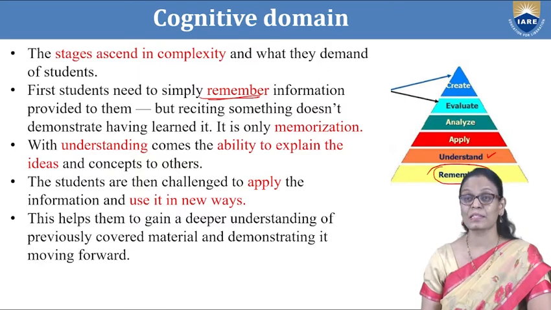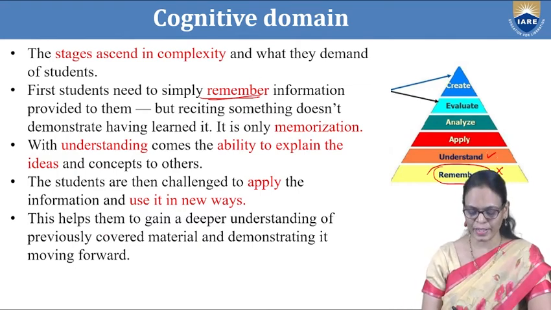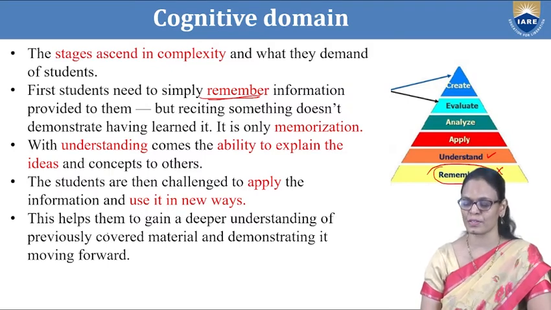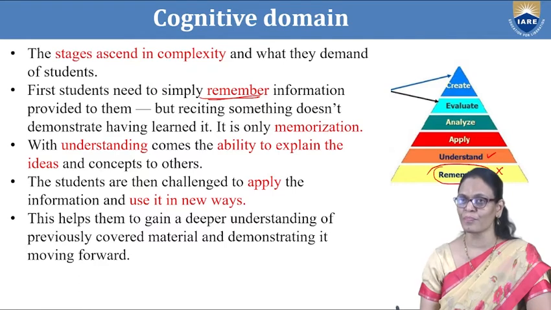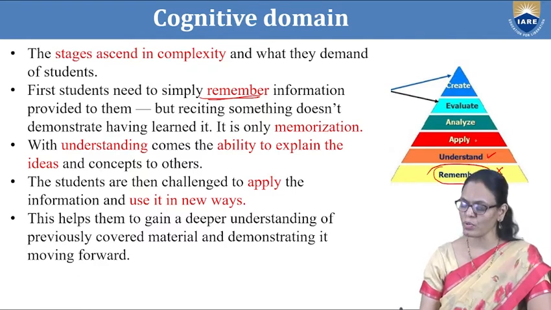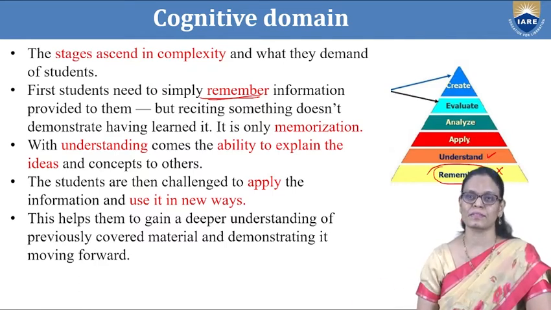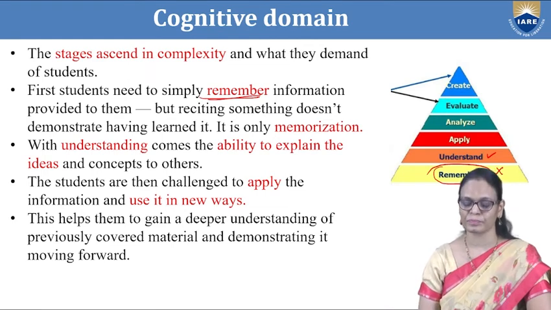So the next step is they have to understand. They cannot simply be at the remember level. They have to understand what the concept says. And then they are challenged to apply the information and use it in new ways. Whatever information they know and understand, how do they apply it in different, new ways?